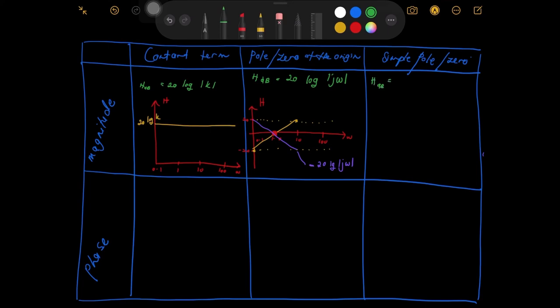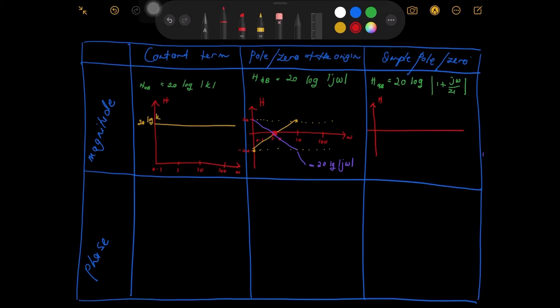Alright, now we are going to go to the simple pole. For the simple pole, the standard form looks like H dB equals 20 log of 1 plus j omega over Z1. Z1 can be any constant, any value, and according to Z1 is where you are going to plot. In this example I didn't put in any value. The first plot will start at 0.1 Z1, a tenth of Z1.